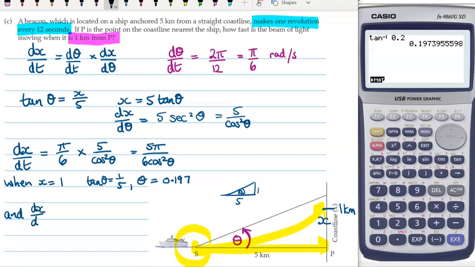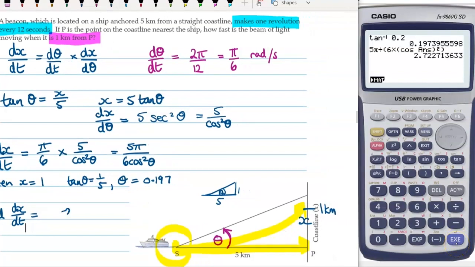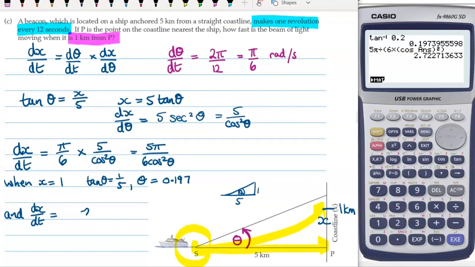That means we can substitute into dx by dt up here. So we'll do 5 times pi divided by 6 times cos of that answer we just had. I'm going to pop in some brackets here so that I can square that, cos of that thing squared. And then we've got 2.72.